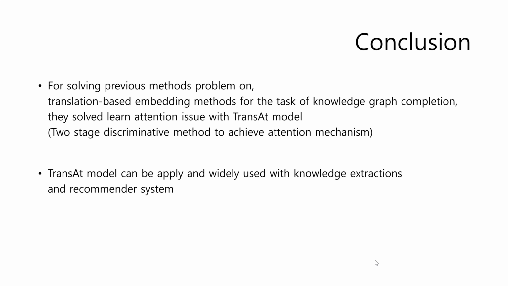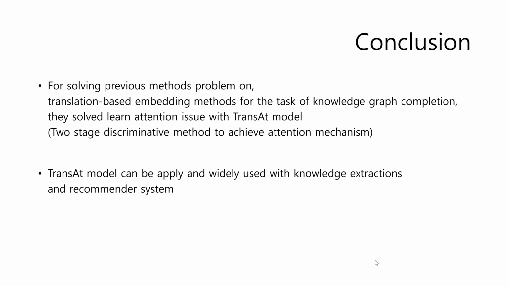In this paper, in conclusion, it focuses on translation-based embedding method for the task of knowledge graph completion, which can embed entities and relations in knowledge graph to continuous vector. Research team found that previous methods failed to learn attentions, thus they introduce a model named Transat to solve it.